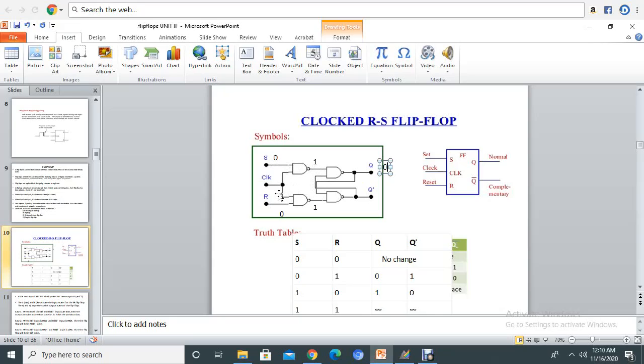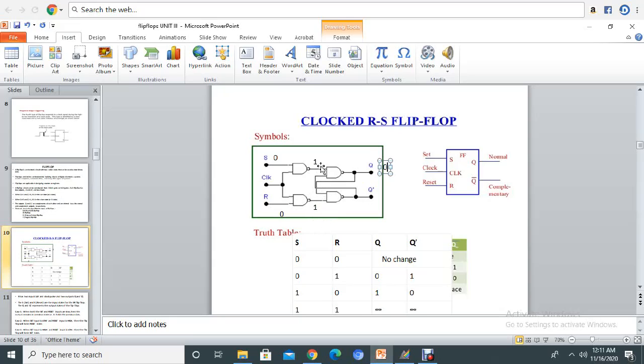Now S is equal to 0. So if any one of the inputs is 0, the output will be 1. So the output of this NAND gate will be 1. Similarly, here R is equal to 0, so the output of this NAND gate will be 1.